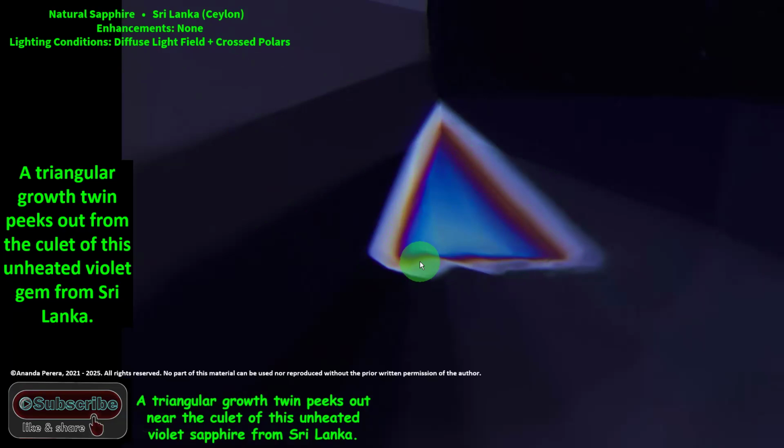It peeks out from the culet of this unheated violet gem from Sri Lanka, this violet sapphire. It tells us no harm happened to it with high heat or high pressure. It is proving the stone is natural stone, not a treated stone.